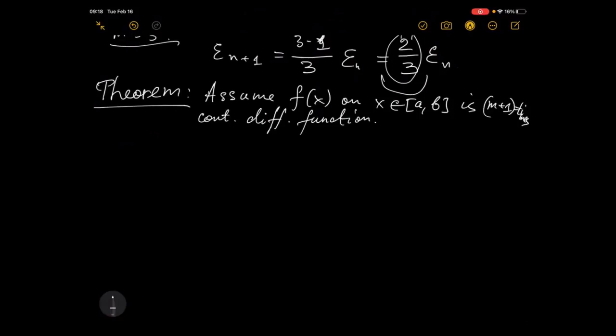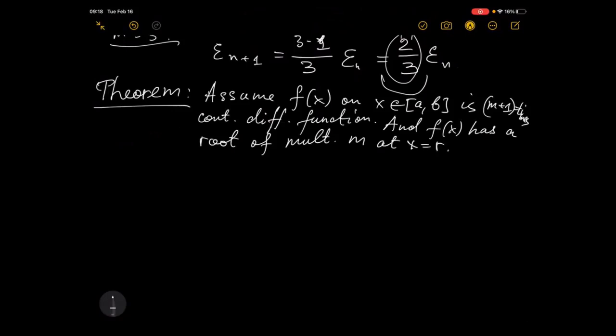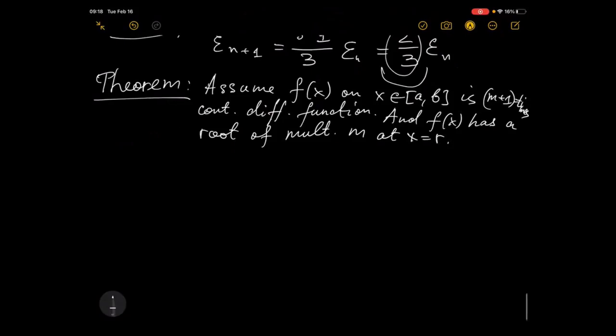And f of x has a root of multiplicity m at r, or x equal to r. Then Newton's method is locally convergent.